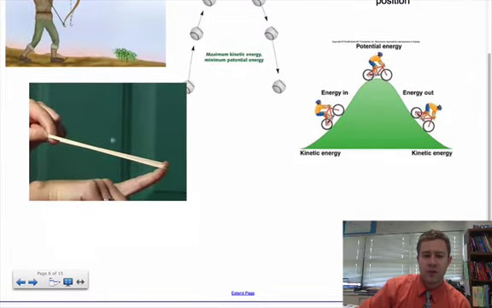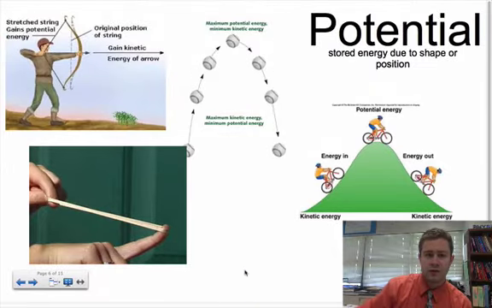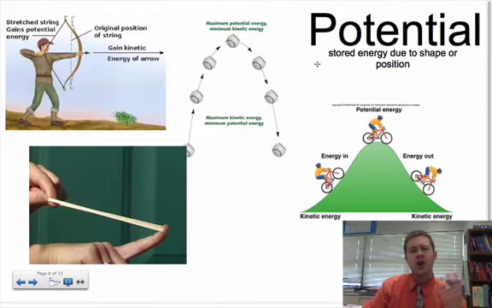Next, there is potential. Potential energy is stored energy due to its shape or position. We also call that gravitational potential energy, which means that it requires not just the stored energy inside of it, like you would see when you stretch a rubber band, push down a spring, or pull back an arrow, but also its height due to gravity.